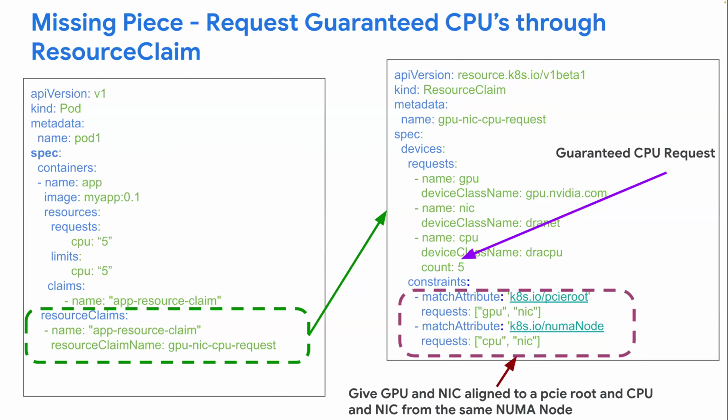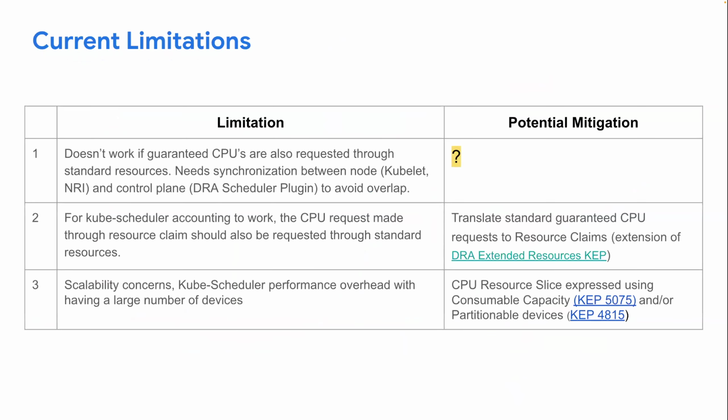This is another limitation currently, but once we have a clear roadmap of how kubelet and DRA driver would work together, maybe a common solution would emerge which would handle both of these limitations.